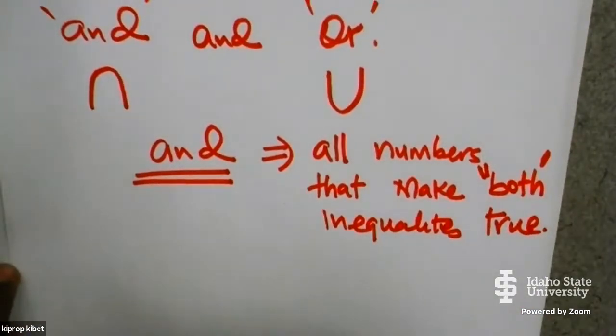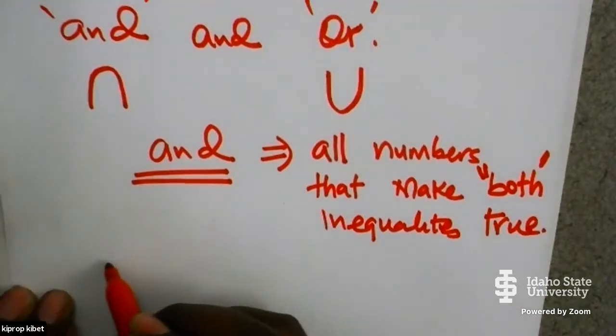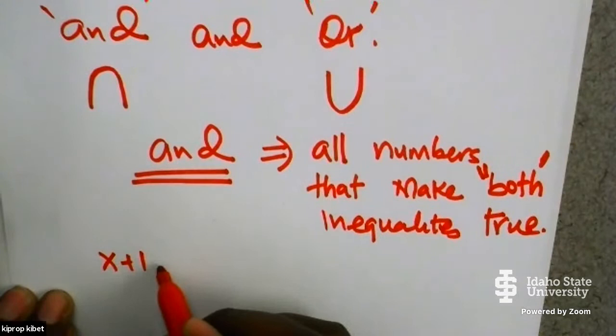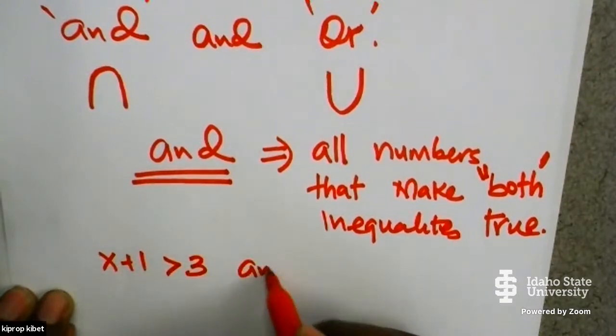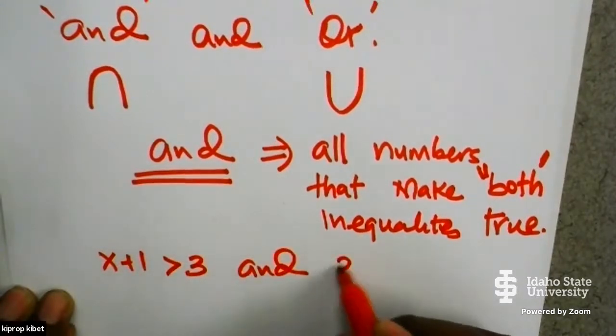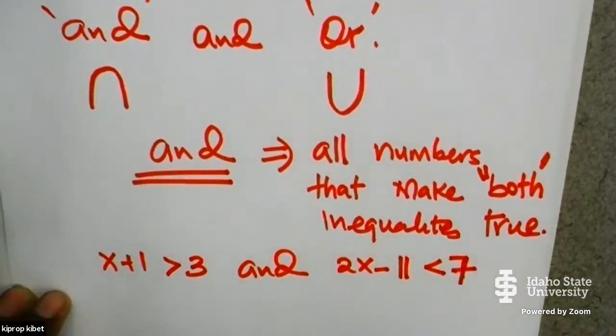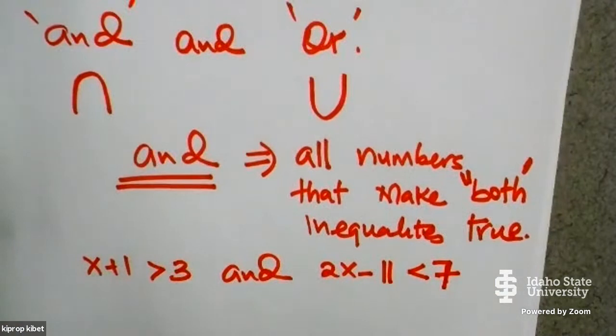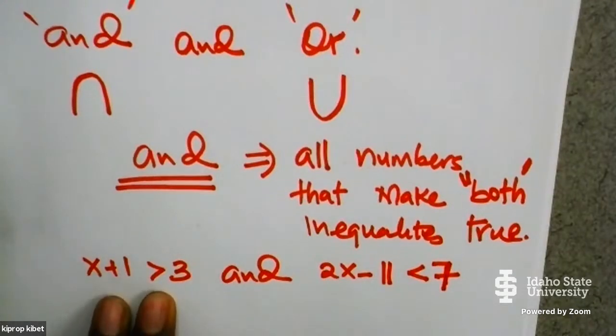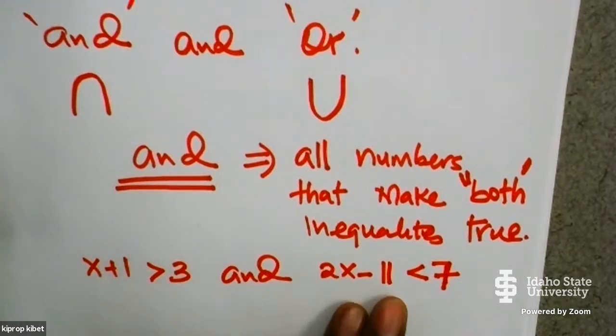The compound inequality of "and" can be given like this. Let's say x plus 1 greater than 3 and maybe 2x minus 11 less than something like 7. For the "and", we look for the numbers that, when you put them in this inequality, also satisfy this inequality.